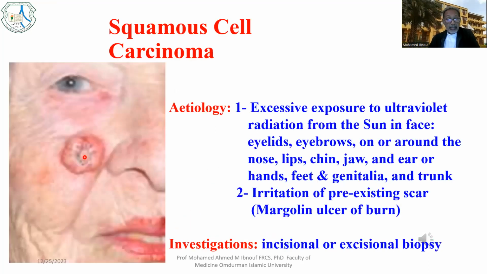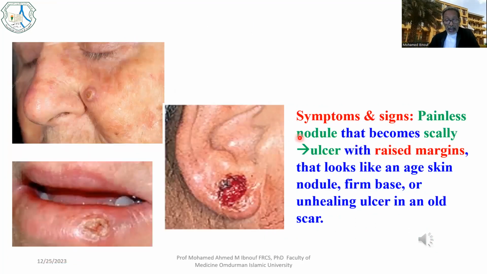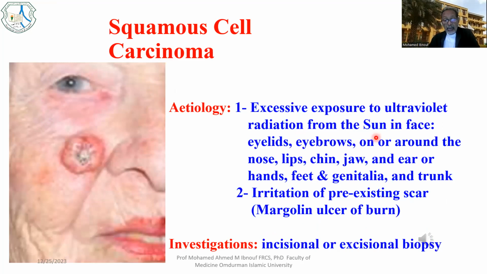Now, squamous cell carcinoma occurs with excessive exposure to ultraviolet light of the sun, in the face, in the eyelids, eyebrows, and around the nose, cheek, jaw, ear, hands and feet, or trunk.